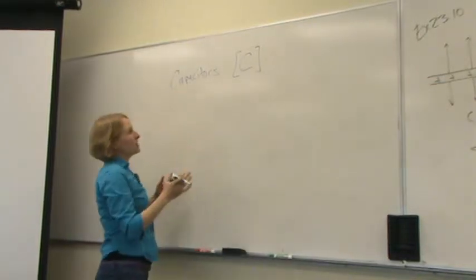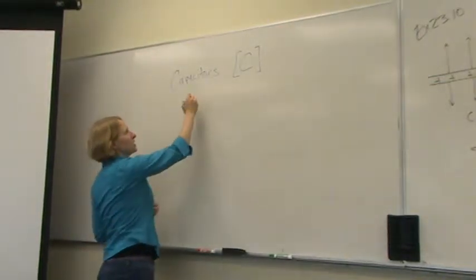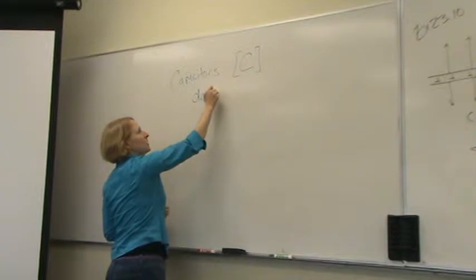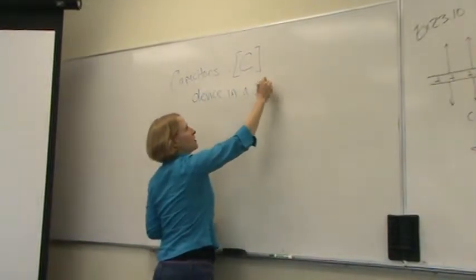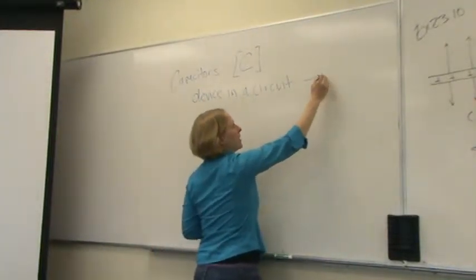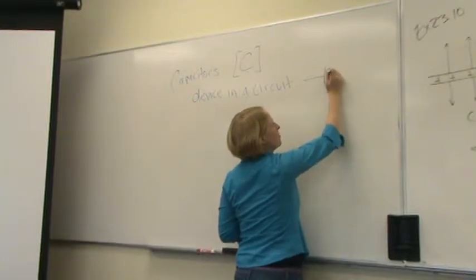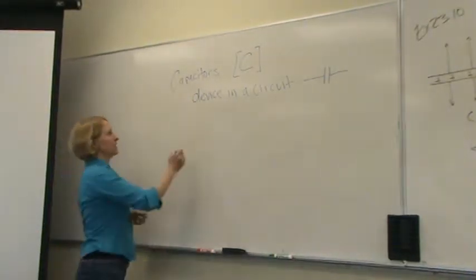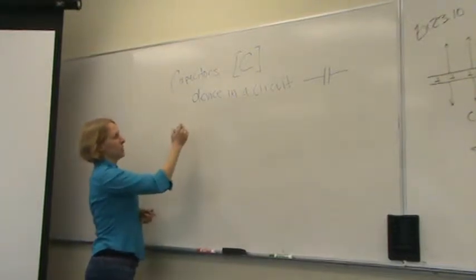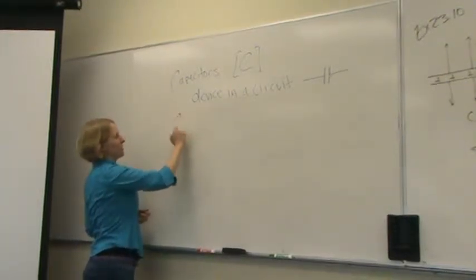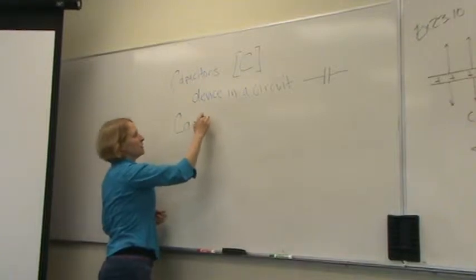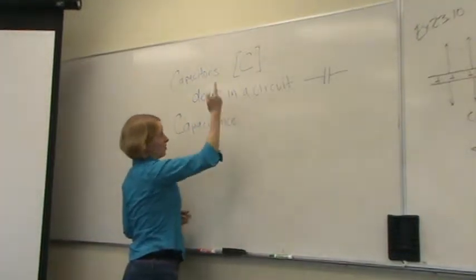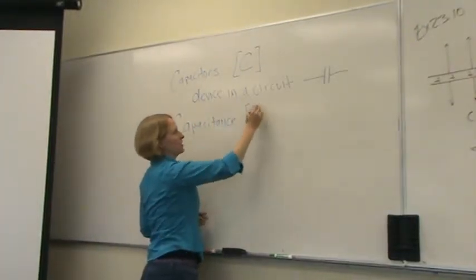The capacitor is the device in a circuit, and a capacitor can be measured by its capacitance. Capacitance is a quantity rating your capacitor, and it has the same symbol, because otherwise that would be confusing.